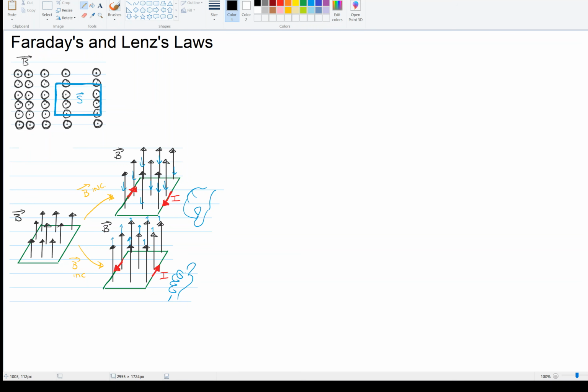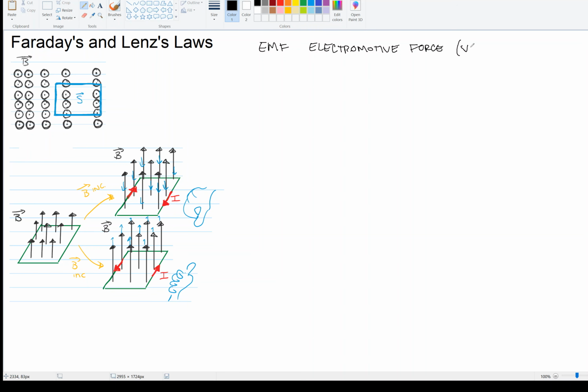The voltage in this situation, this induced voltage, is usually called electromotive force, or EMF. So I'm just going to write that down: electromotive force. You can just think of it as a voltage.